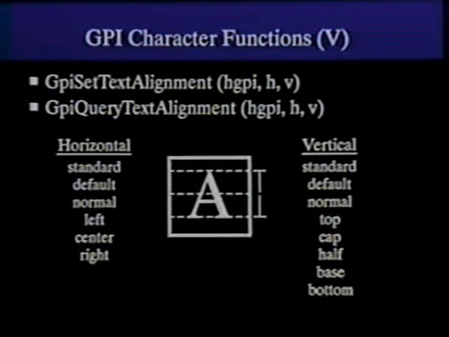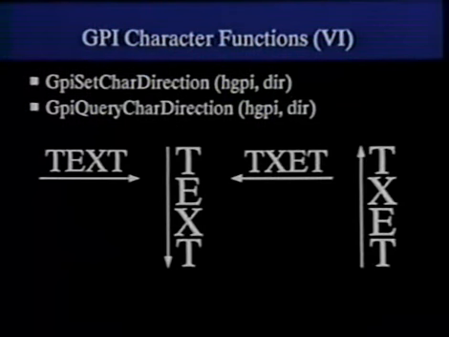In order to support the drawing of text, which is labels for axes, for example, on a graph, or to support text which is written in foreign languages, we provide a text character direction, otherwise known in other graphics languages as text character path. Here, the image at the left of text from left to right is the standard English way to draw characters.